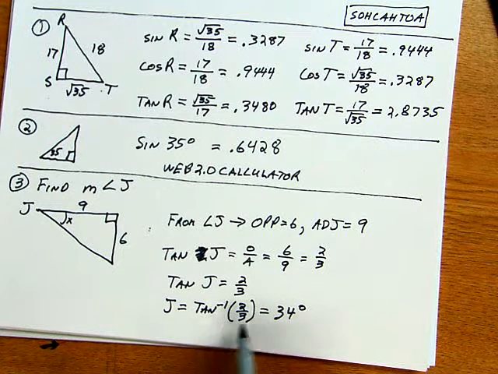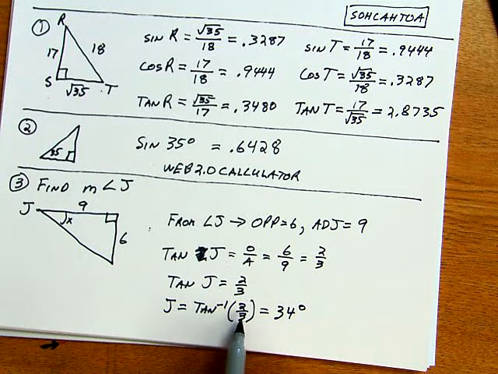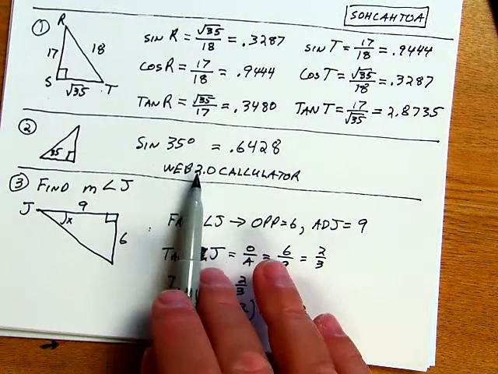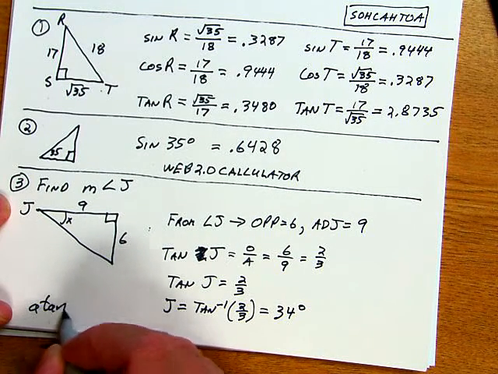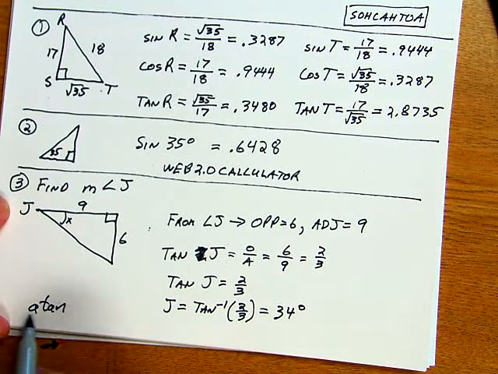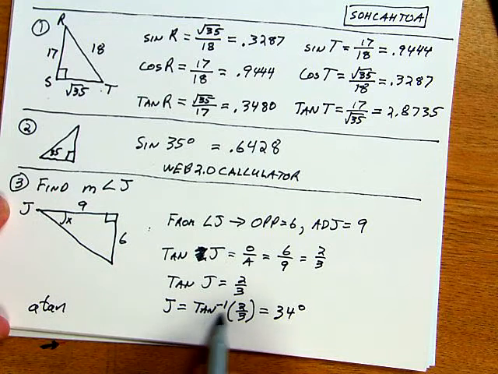Now, you'll have to learn how to punch this into your calculator. Some calculators, this is called inverse tangent. Some calculators call it arc tangent. On the web calculator, it is like this. ATAN stands for arc tangent, which is the same as the tangent minus 1.